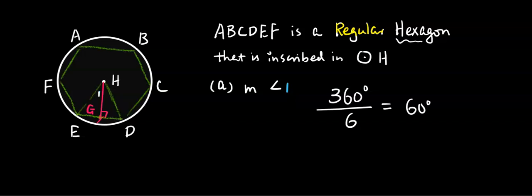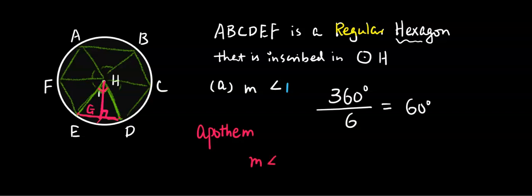Okay, so who are 60? These angles I just added here: 60, 60, 60, 60, 60. Very good. Now this angle called EHD is 60 degrees, and this magenta segment is called the apothem. The apothem is a perpendicular bisector of ED, and also an angle bisector of EHD.